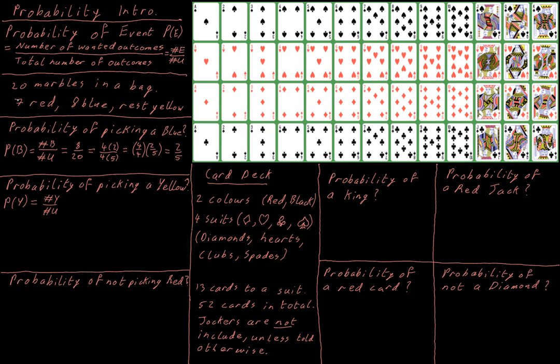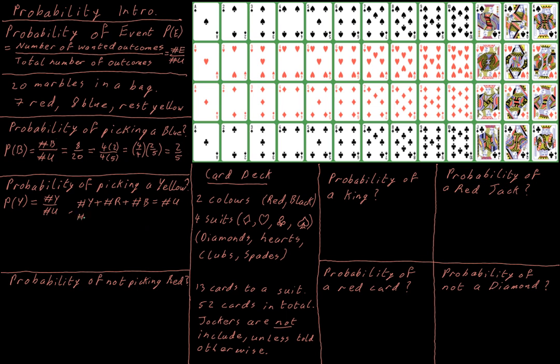I do, however, know that if I add up the number of red marbles, blue marbles, and yellow marbles, I must get 20 marbles overall. So now what falls to me is to say, well, my yellow marbles plus my number of red marbles plus my number of blue marbles must add up to the total number of marbles in my universe, in the bag.